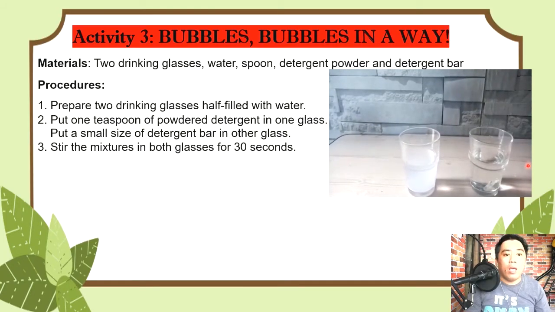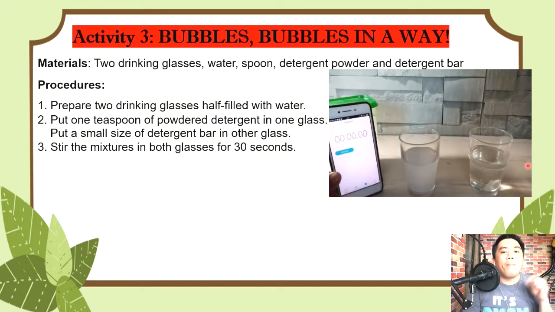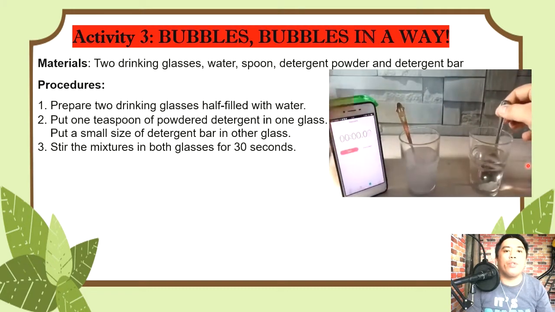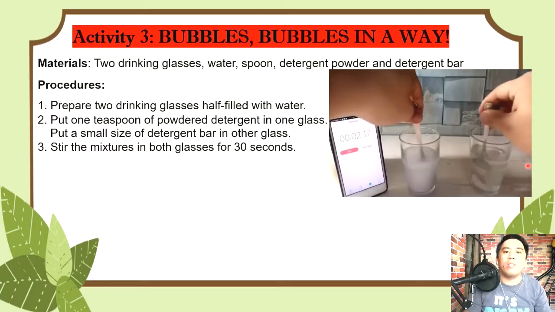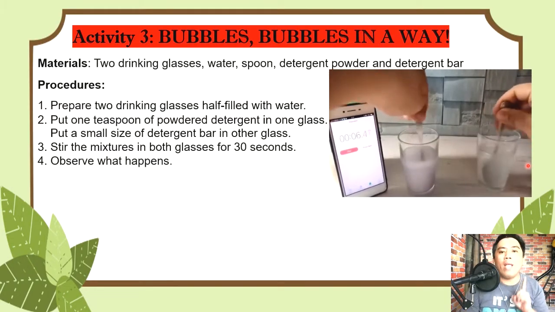Number 3, stir the mixture in both glasses for 30 seconds. So, pagsabayin natin yung halo sa dalawang baso for 30 seconds. So, let's start. Yan. Observe what happens. Yan.